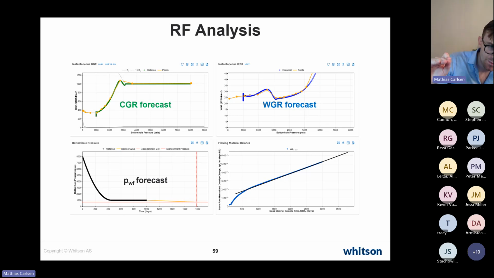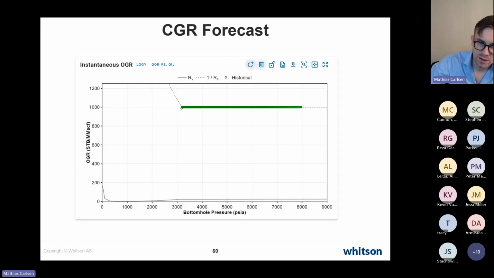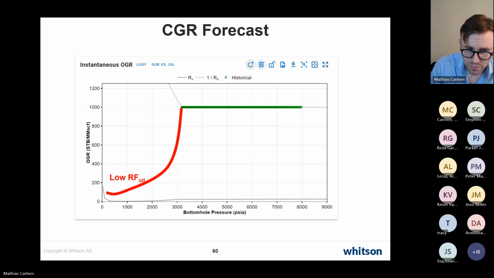Probably the key part of this interface for you guys, because we care about oil and gas, is how you forecast this piece right here. So a low OGR or CGR versus pressure gives you a low recovery factor for oil.